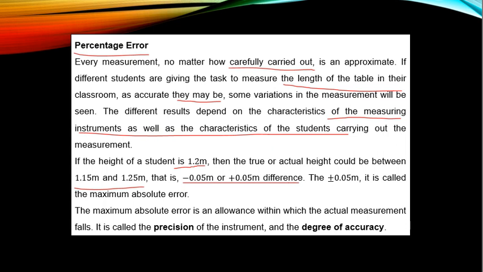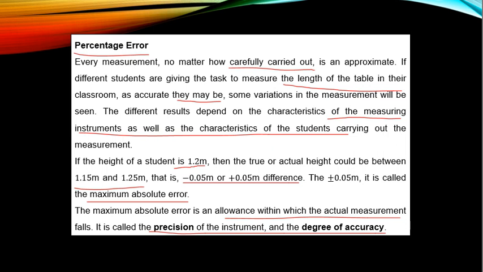Now, the plus or minus 0.05 meter is called the maximum absolute error. The maximum absolute error is an allowance within which the actual measurement falls. It is called the precision of the instrument and the degree of accuracy.